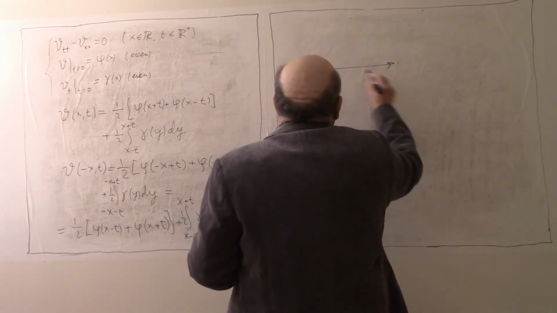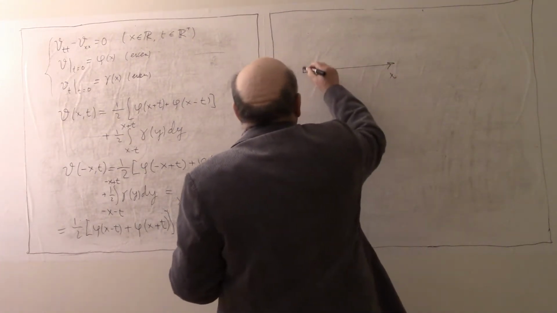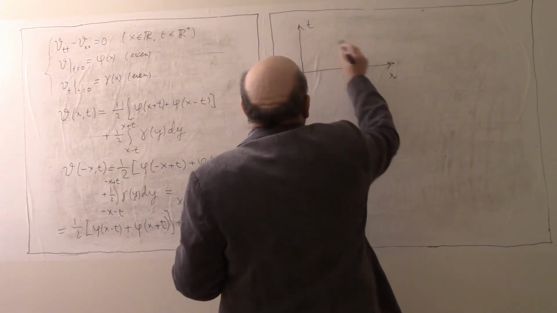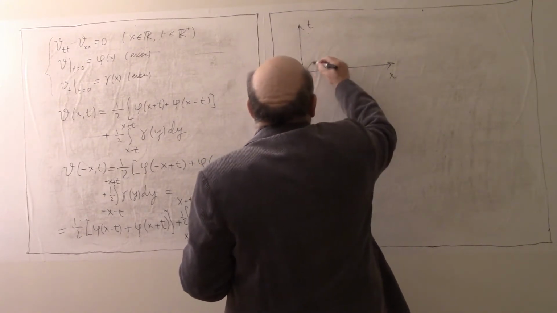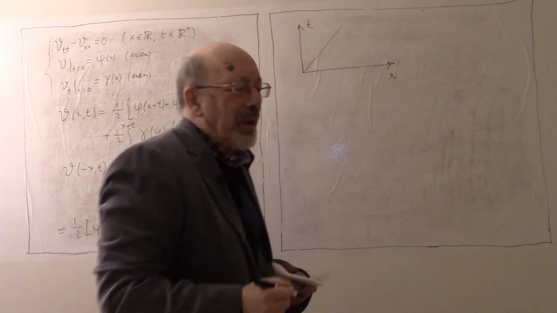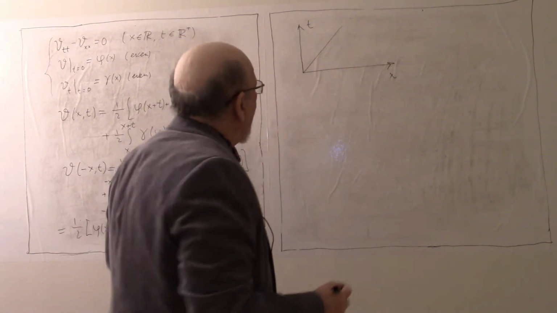If it is x, this is t, let us draw a diagonal here.